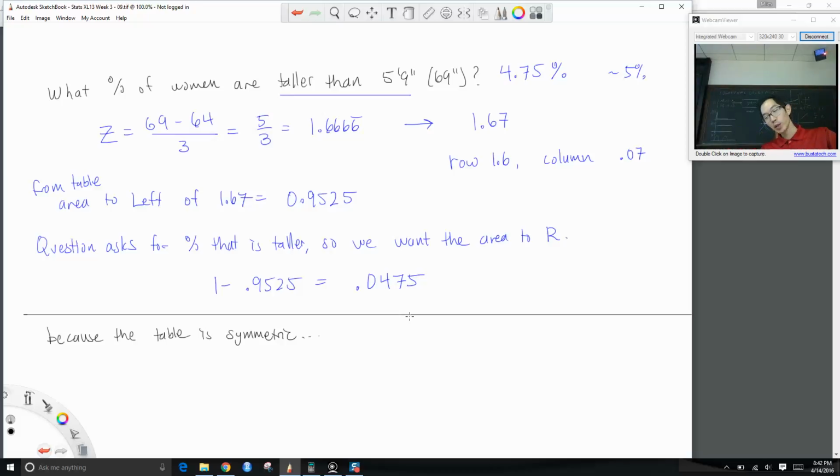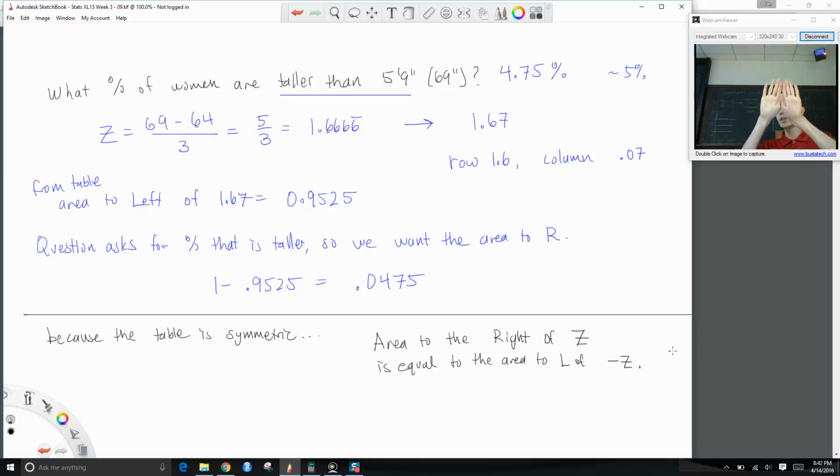Maybe this is useful to you, maybe you don't like it. The area to the right of z is actually equal to the area to the left of negative z.